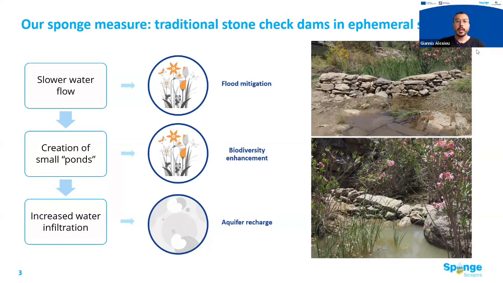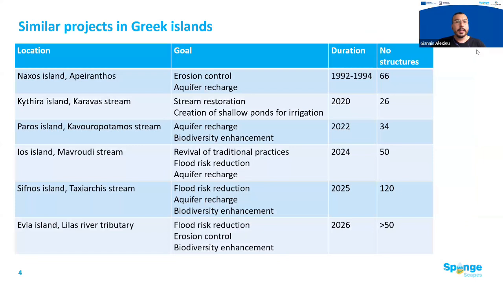There have been similar projects like this in Greek islands. It all started during the early 90s in Naxos Island, in the village of Apiranthos, where 66 structures were constructed mainly for erosion control and aquifer recharge.